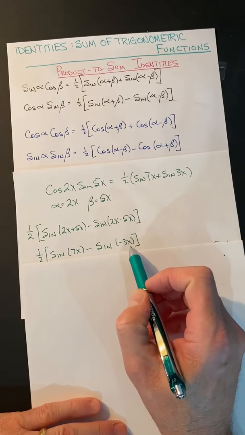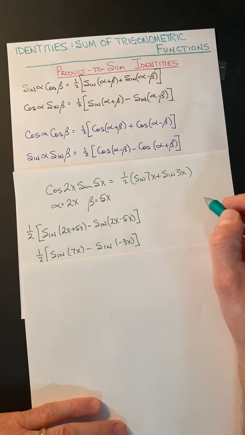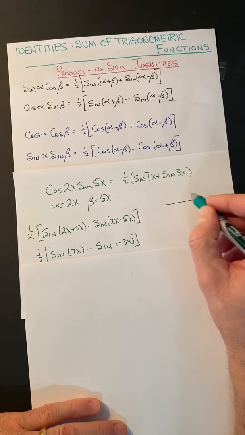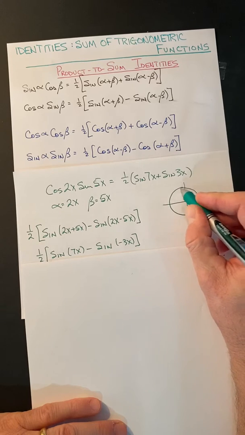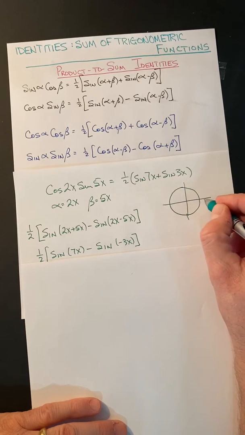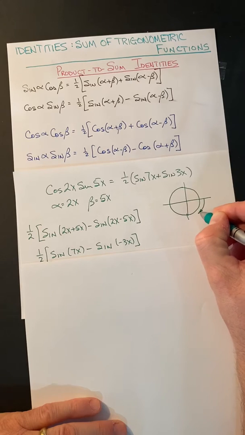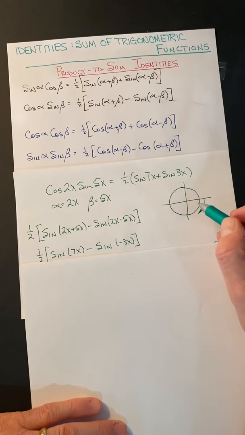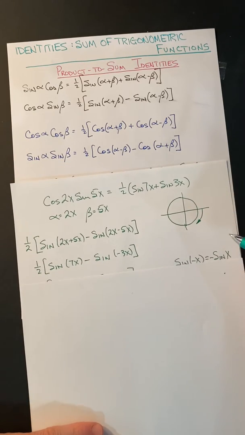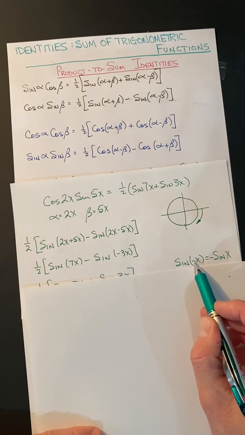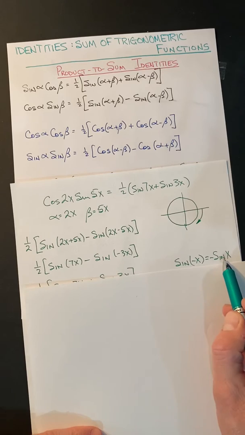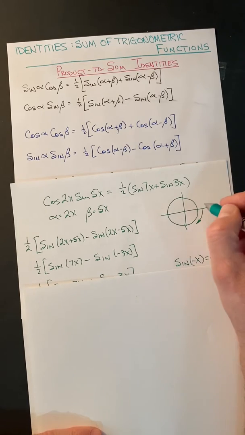And remember, this is rotating on my unit circle, but this time I'm rotating this way, aren't I? With this minus 3x. And isn't the sine negative down here? So we have an identity that we discussed a while back where the sine of minus an angle is minus the sine of that angle, right?